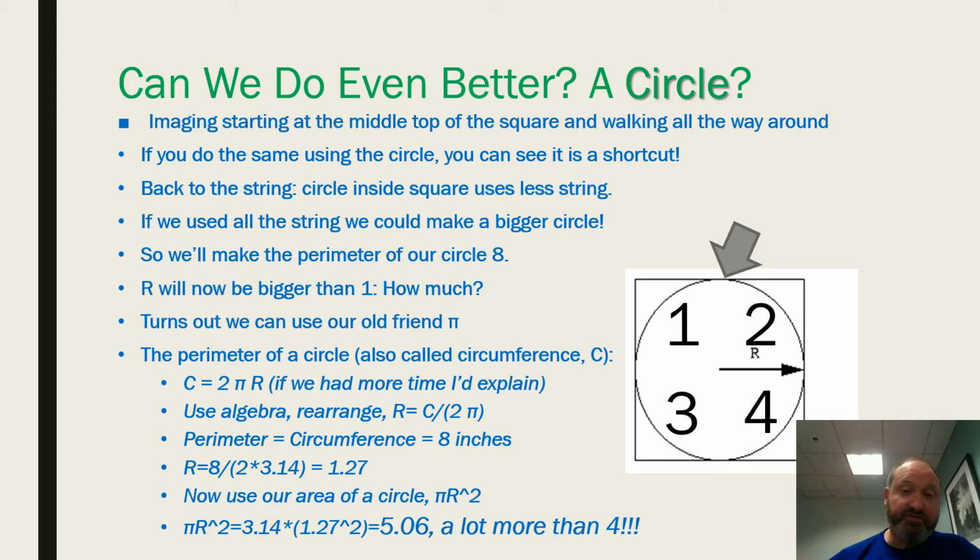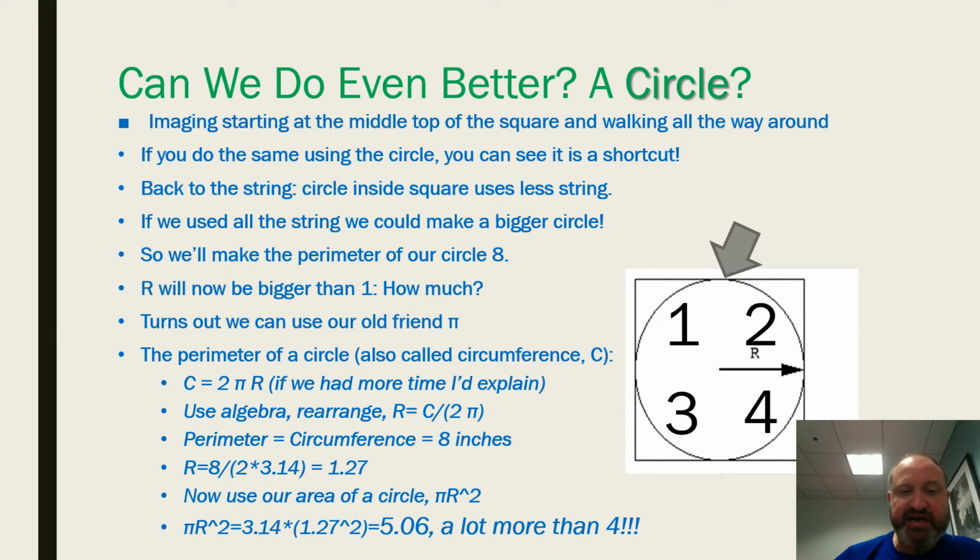Circumference is just another word for perimeter, but it applies specifically to a circle. Circumference comes from the Latin words for carry around. Okay, so circumference of a circle is 2 pi r. In a longer video, I can explain how we get that, and it involves calculus, but a lot of people know that anyway, so we'll stick with 2 pi r.